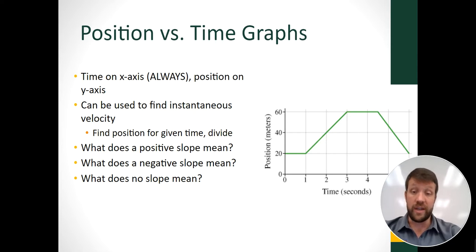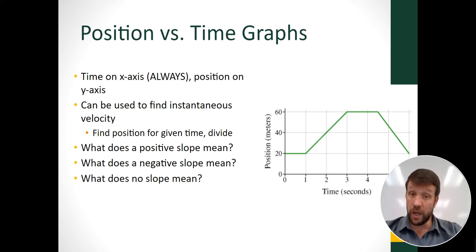So if we look, and I'm not even going to look at what I've written there yet, I want to just walk through this real quick and see what's happening. From 0 to 1 seconds, this object's position does not change. So there is no motion and thus a velocity of 0. From 1 to 3 seconds, there is movement from 20 to 60 meters.